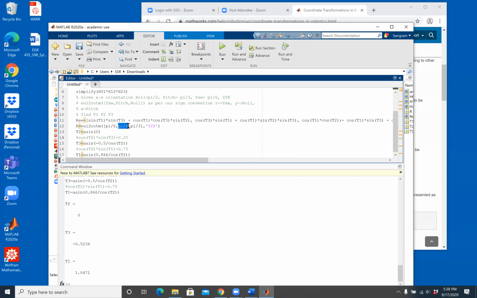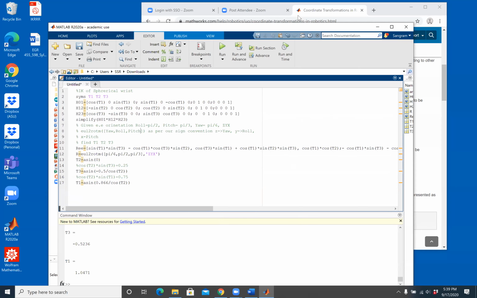The second rotation is about Y, which is roll, and the third rotation is about pitch. So I need to make a correction here: Z, roll, and pitch. Okay, so make this correction, and then you should be able to solve the spherical wrist problem using mathematics.